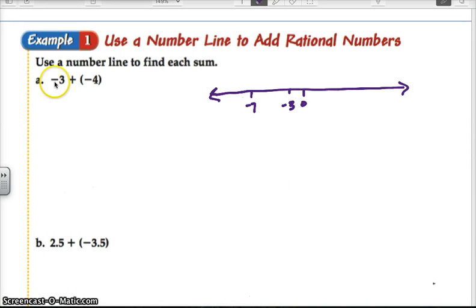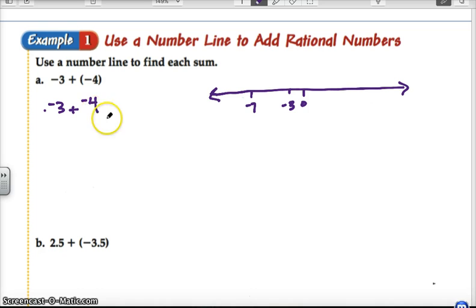So as our rules just told us, I'm adding a negative 3 and a negative 4. Sometimes, by the way, you'll see negative written higher, like up here. Some textbooks don't do that, so that's why you see the parentheses. There's nothing really going on in the parentheses. It's just to say, hey, this negative hangs out with that 4.